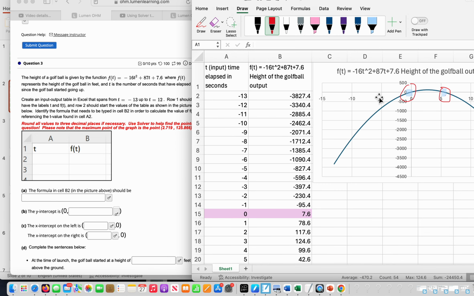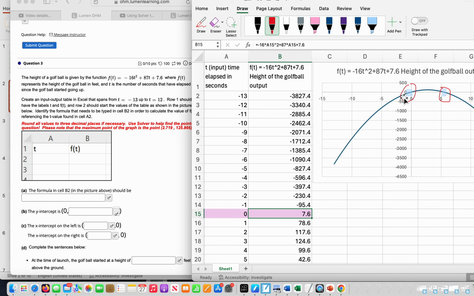So if I want to start with the left one, I'm going to look in my table here, and I see that my output values are negative, negative, negative, negative, negative, negative. Oh, here I'm at negative 95, and then I go up to positive 7.6.